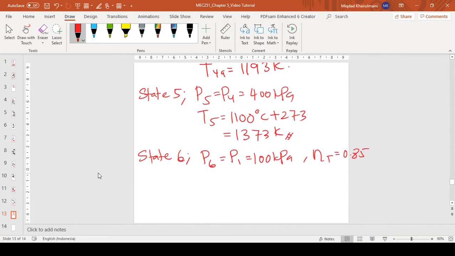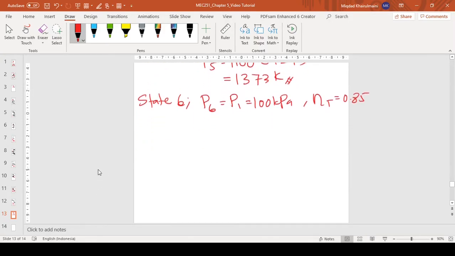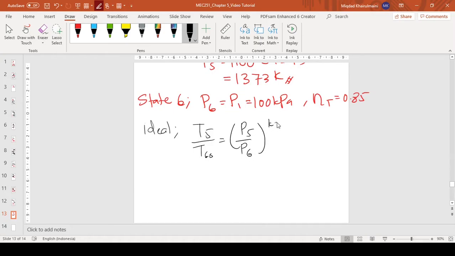The same as state 4, we solve for the ideal condition first. T5 over T6S equals P5 over P6 to the power (k minus 1) over k.